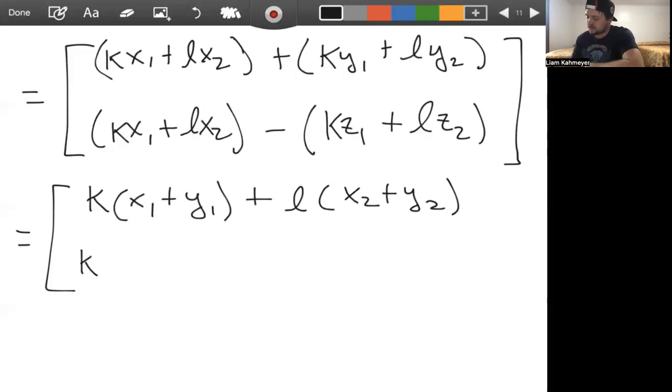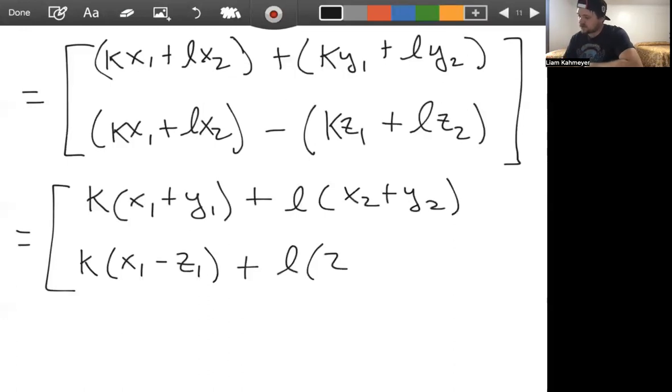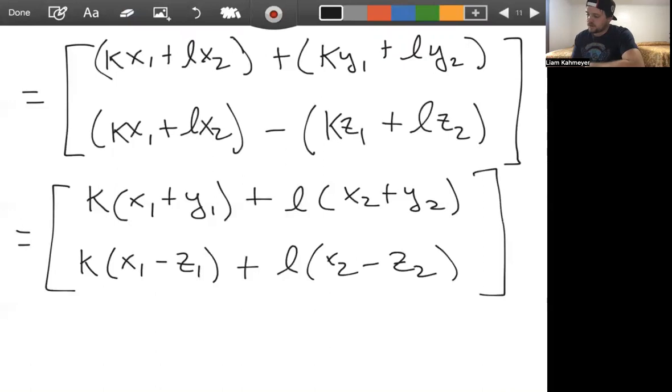Then on the second component, we'll have k times x1 minus z1 plus l times x2 minus z2.